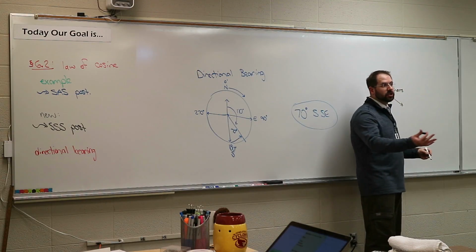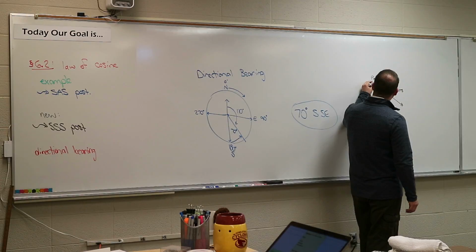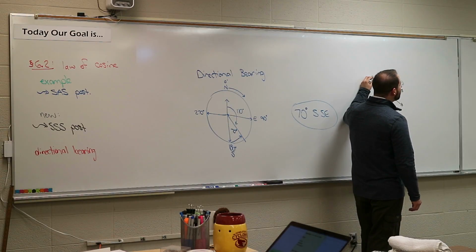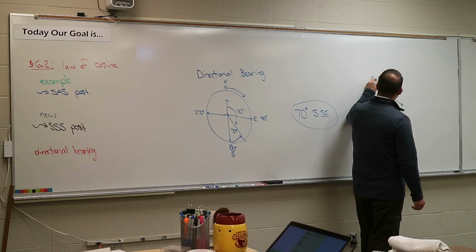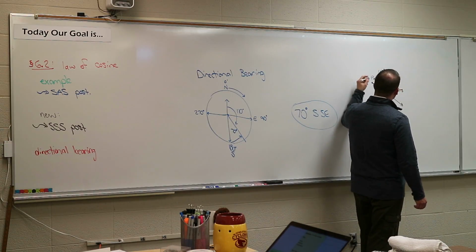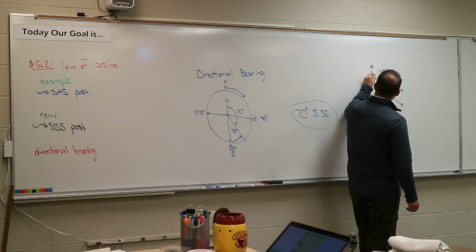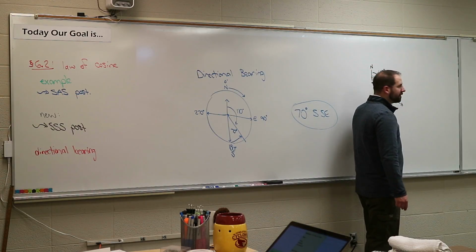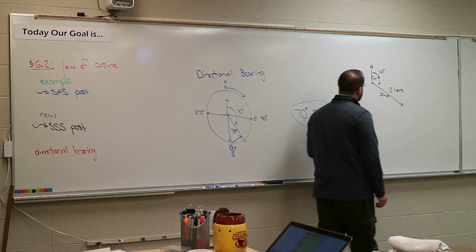Maybe they're going east-southeast, maybe it's 110 degrees. Let's go with the 110 idea. So this was north, so they're going this direction, the east-southeast kind of direction, 110 degrees.